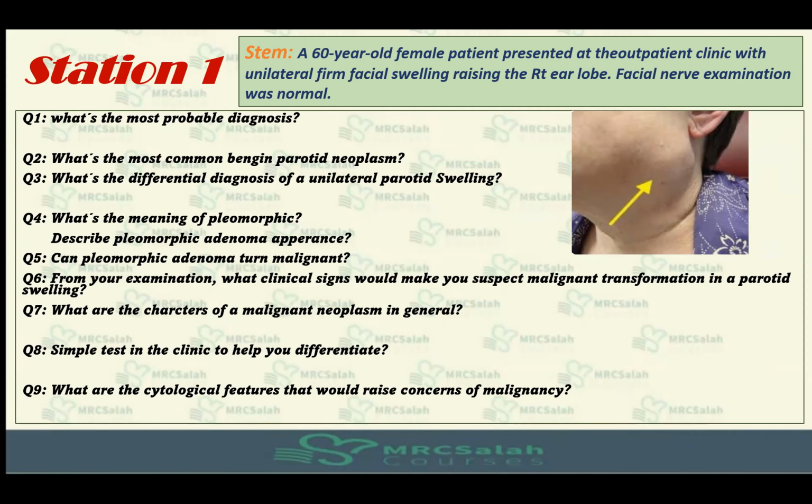Pleomorphism, abundant mitosis, hyperchromatism, necrosis or hemorrhage, invasion of basement membrane, and also nuclear mismatch. Yes, great, that's right.